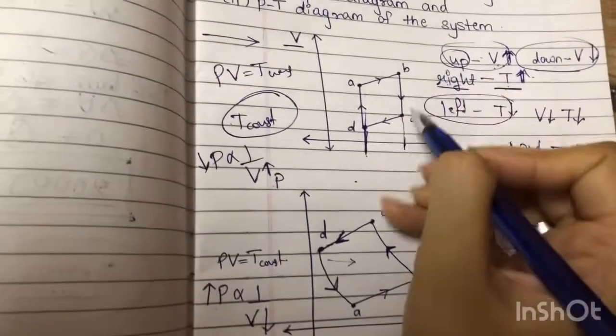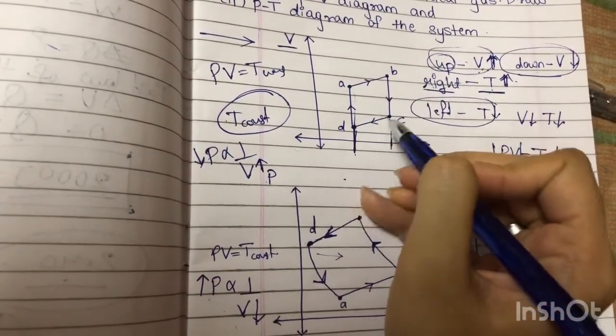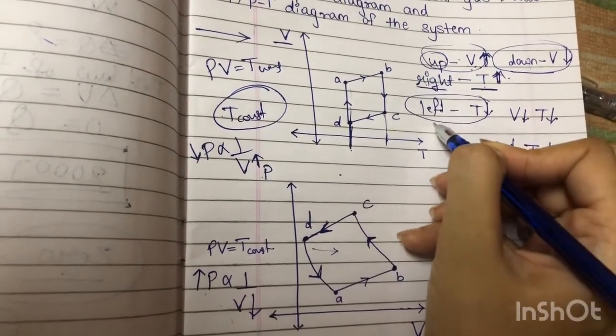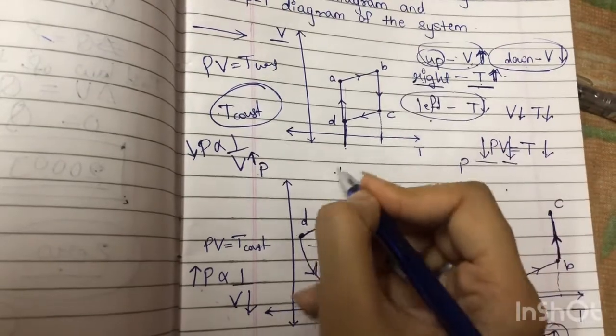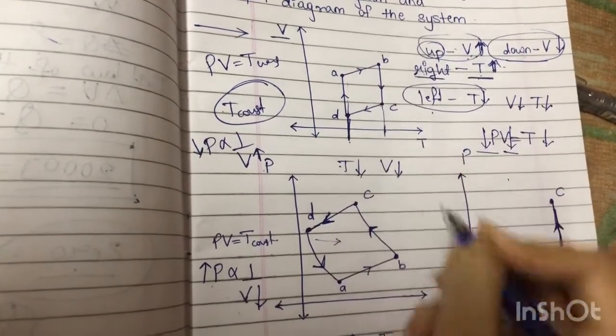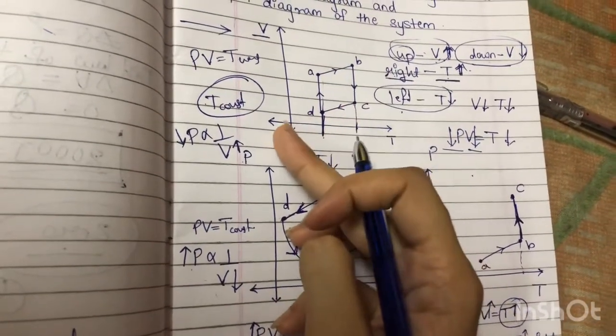Now while moving from C to D, the graph is going towards the left and downward. Left means temperature is decreasing, and downward means decrease in volume. See, it is going towards the left. This is left and down.